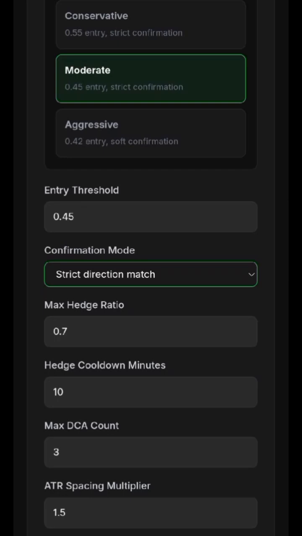Now if the bot is buying with $100, if you choose 0.7, it means that you are telling the bot that if the market is about to reverse and that long is not meeting up with my profit target, and you see a signal to short, then short with 70% of that $100. That is what it means. So when you choose 0.7, it means you are telling the bot to buy the opposite direction with 70%.